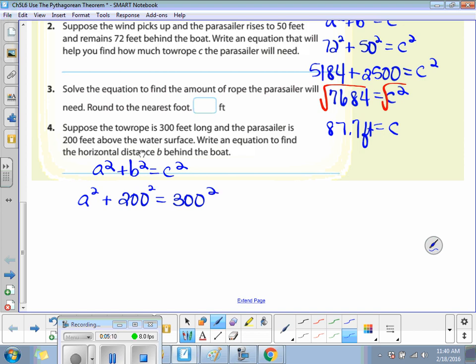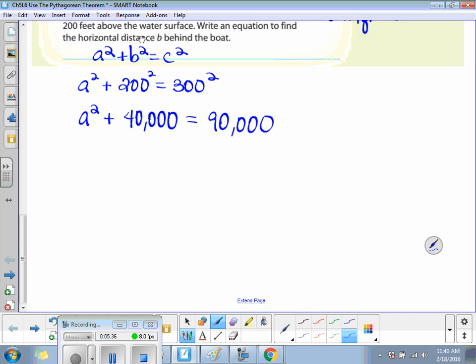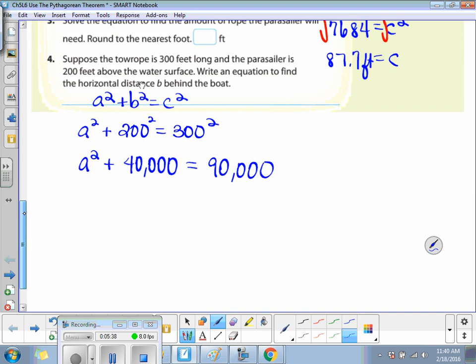So here, we're going to have a squared plus 200 squared, which is 40,000, is equal to 300 squared, which is 90,000. How do I get the a squared by itself? Subtract 40,000.